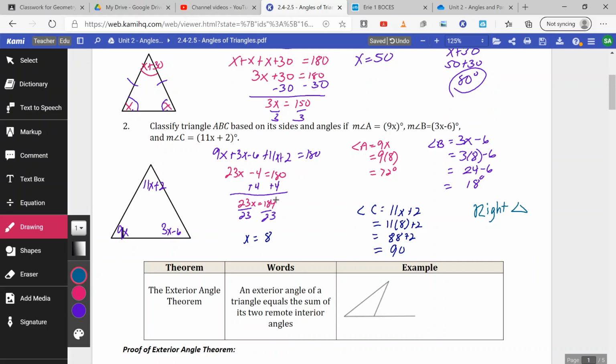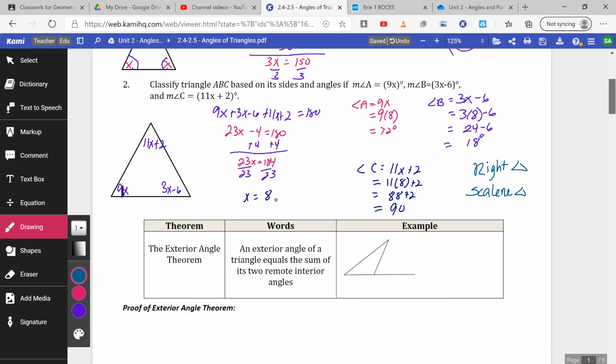So again, we had equilateral where all three sides are the same. We have isosceles where two sides are the same, and scalene is when none are the same, when all three are different. So all three angles are different. That means all three sides are different. So we have a scalene triangle based on that as well.